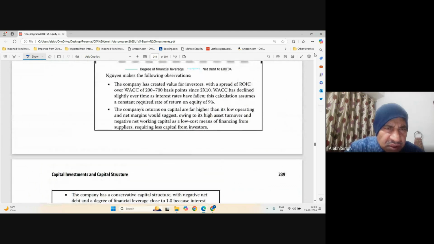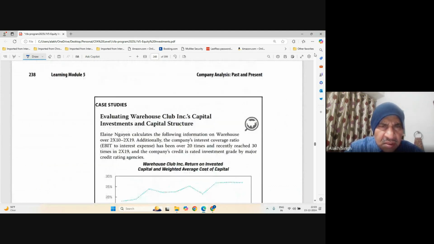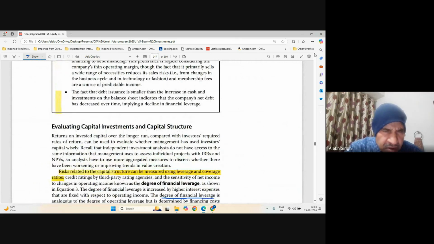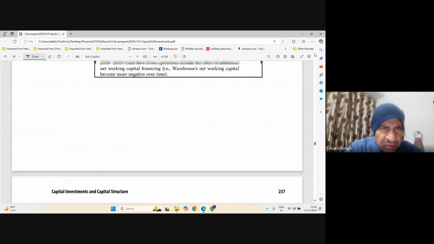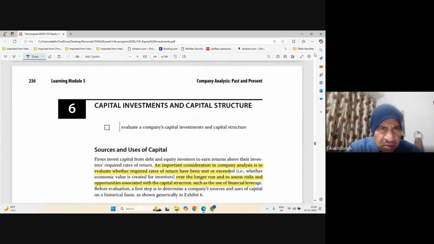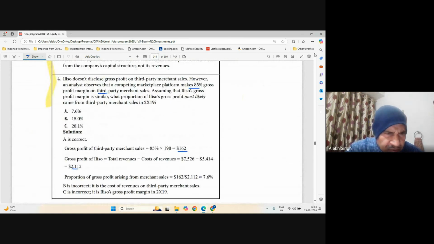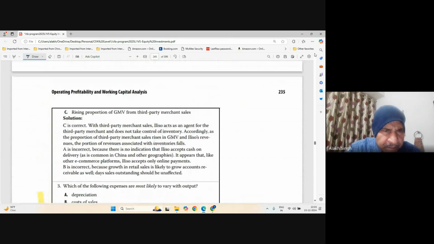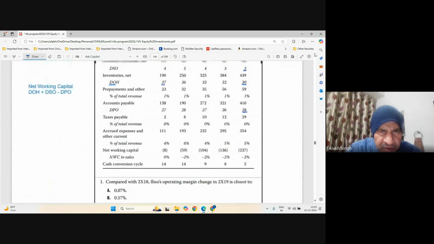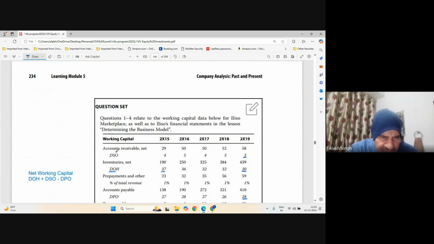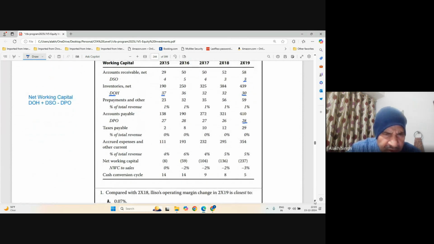What kind of information do we have for Elisio? We'll have to go much up. We have DSO, DOH, DPO, financial leverage, cash conversion cycle.